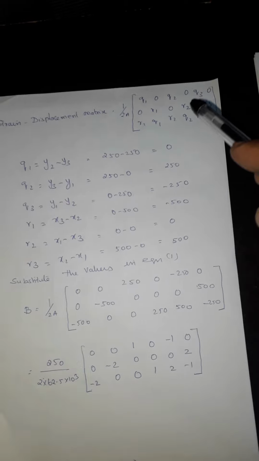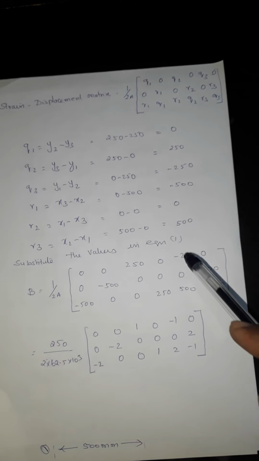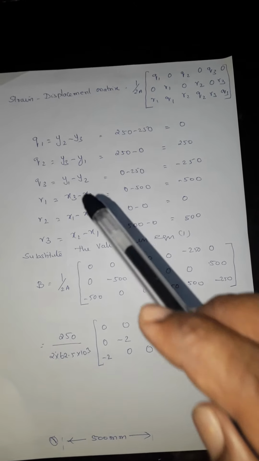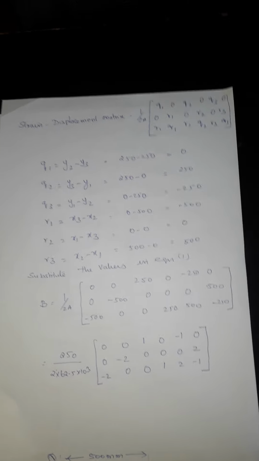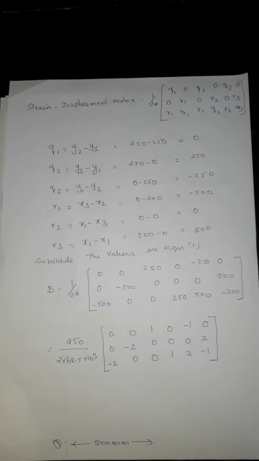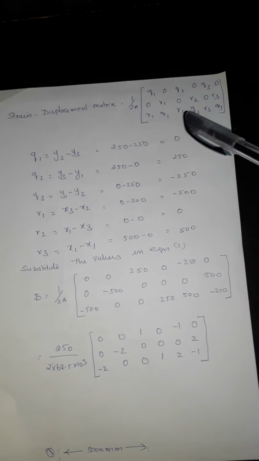Now we have found the area. Now we have to go for the displacement matrix. Follow the same procedure: q1, q2, q3, r1, r2, r3. You know how to find these; I have explained this in two or three videos on my GitHub. These values are the y coordinates and these are the x coordinates, taken from the diagram and substituted, and the differences give you these values.